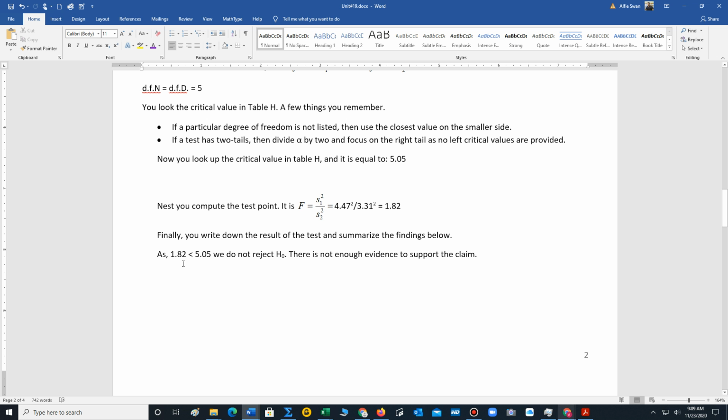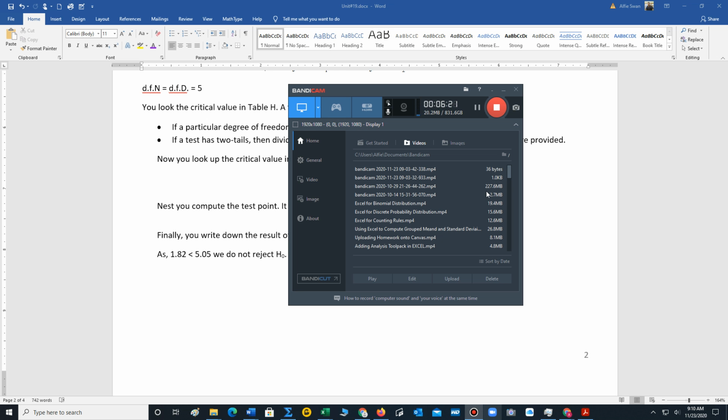Recall, 1.82 is not in the critical region because it is less than the critical value. So do not reject H naught. There is not enough evidence to support the claim. And that concludes the video.